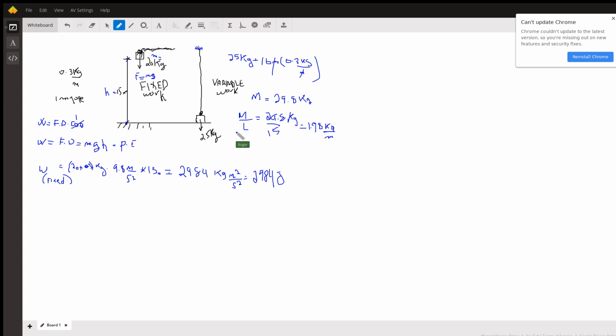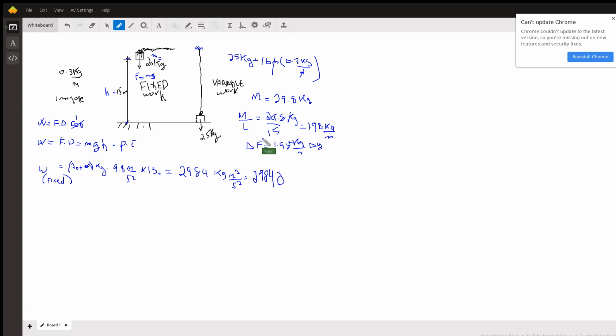As we go up, the change in the force is going to be what? The 1.98 kilogram per meter, delta F, so times delta Y. Why?